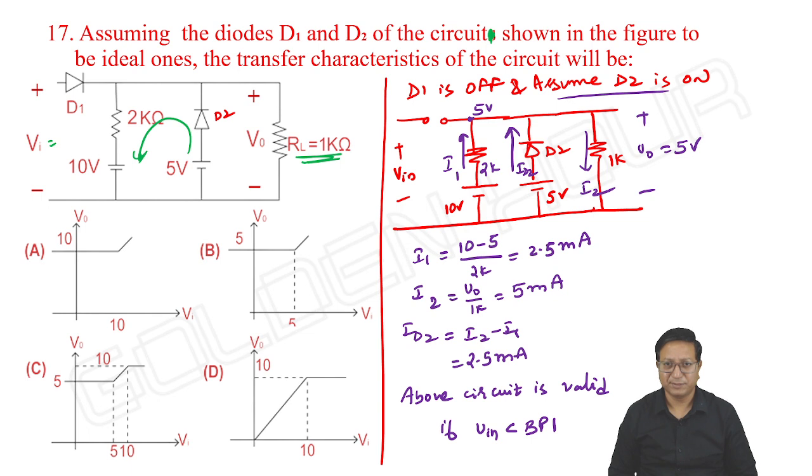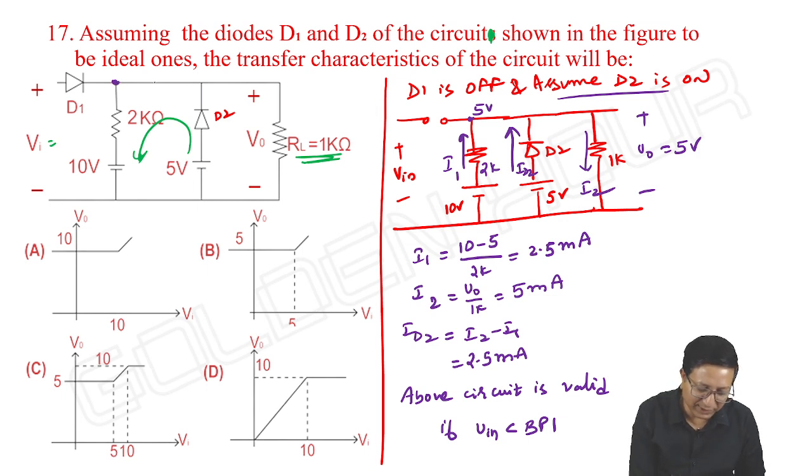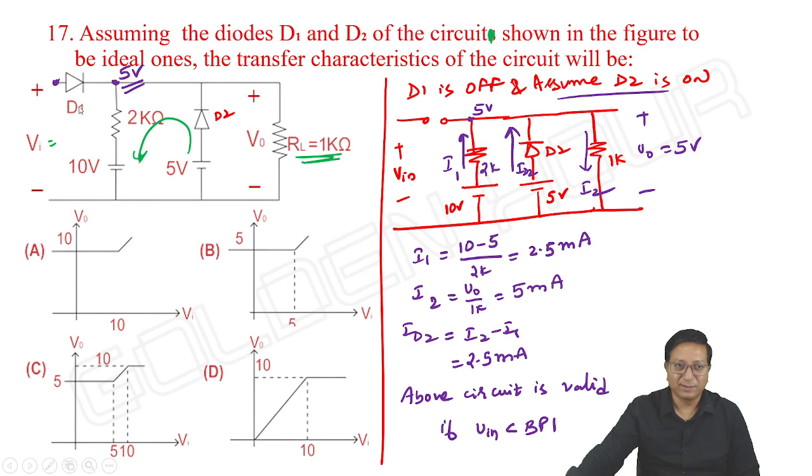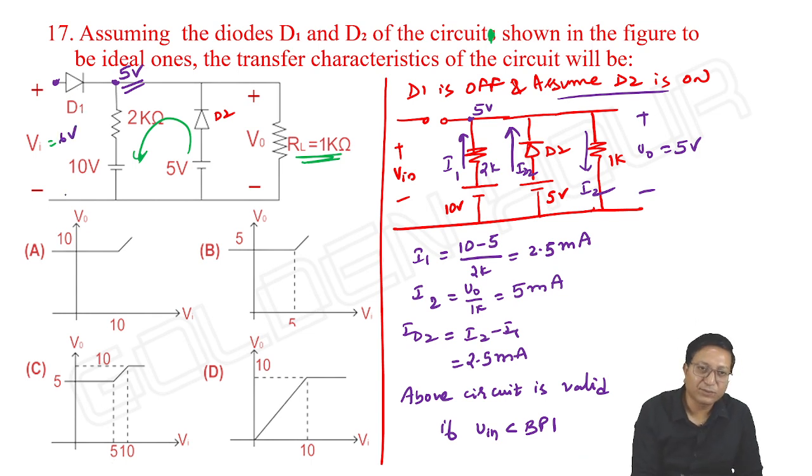Let it be. Next, we are increasing the input above the breakpoint. As the output is 5 volts, the voltage here will be 5 volts. For D1 to conduct, the input should be more than the cathode voltage, above 5 volts. If the input is above 5 volts, maybe 6 volts, D1 is on.